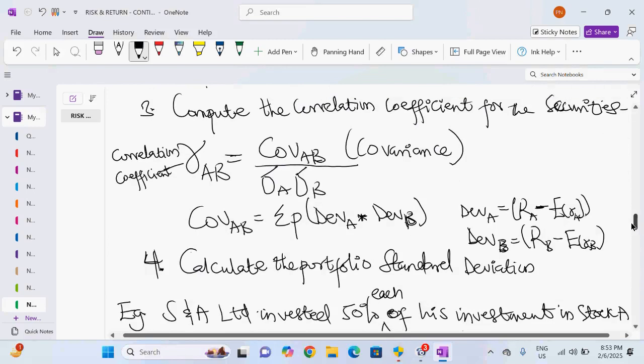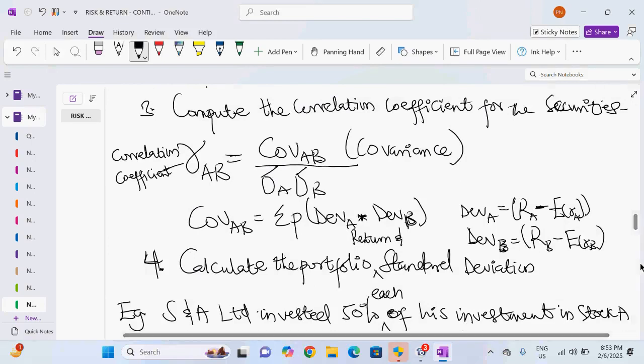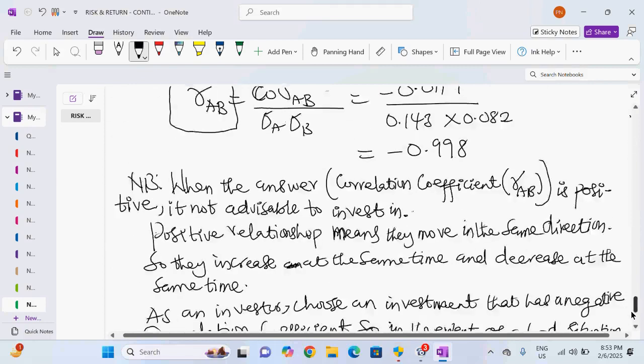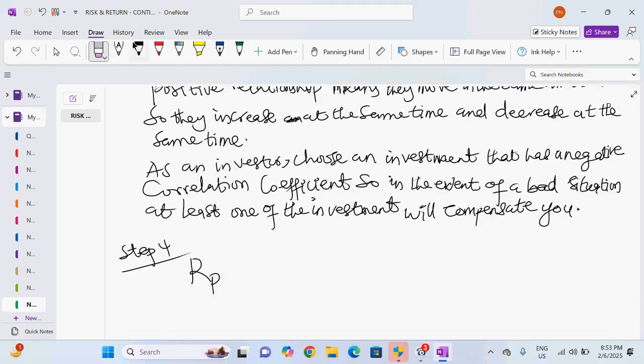So what is the portfolio return? What is the formula for the portfolio return?